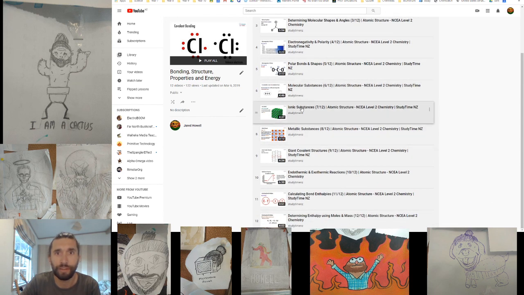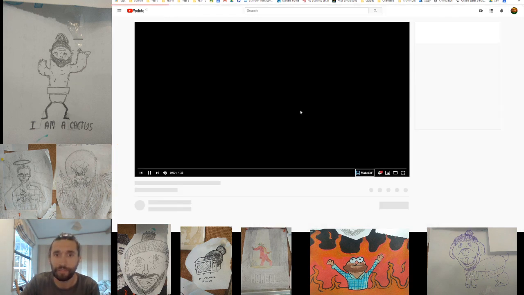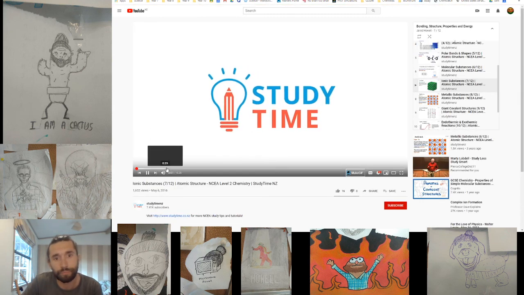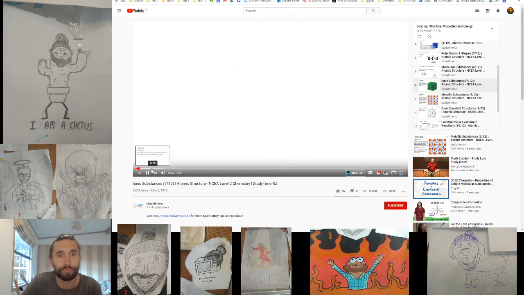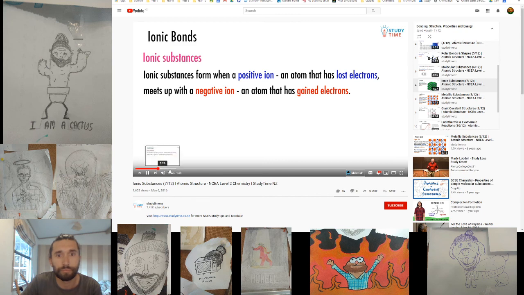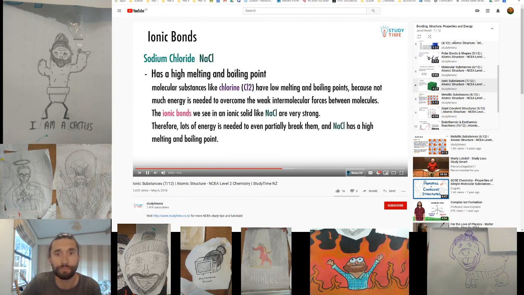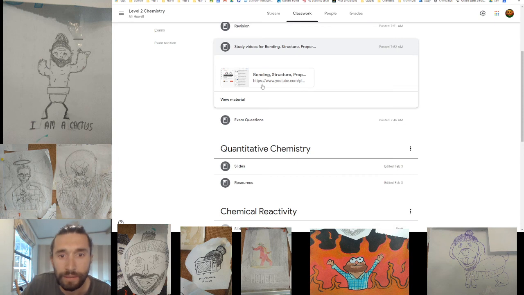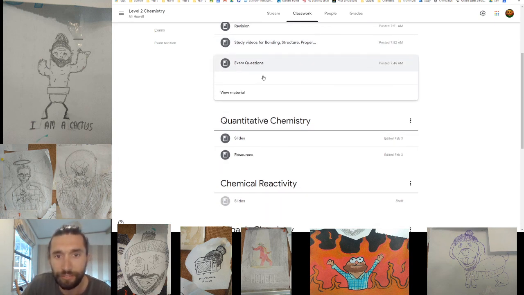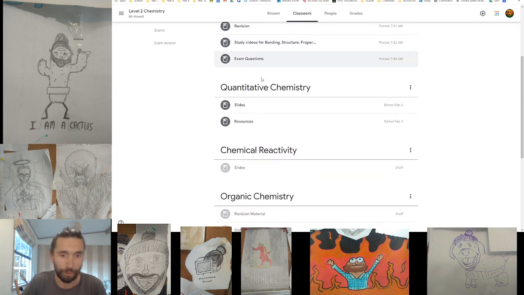So we're doing this one here today, ionic substances. Open it up. I'm going to use pretty much the most common of all ionic substances. The last section is basically what I said, but in a different form. And exam questions, I haven't put them in yet, but they will be there at some point.